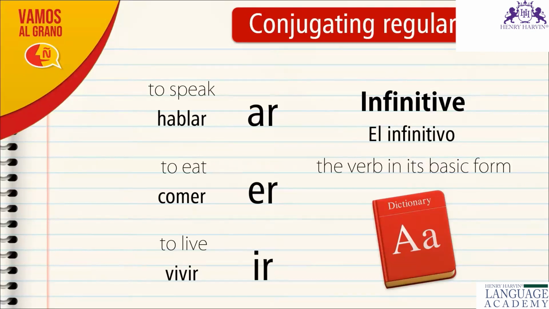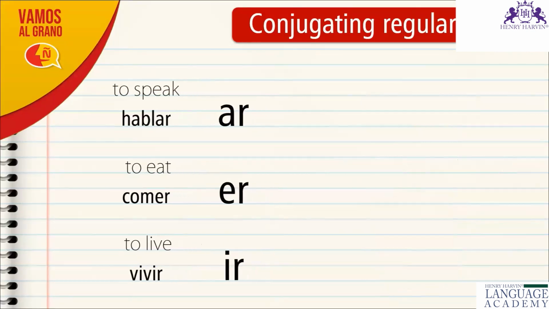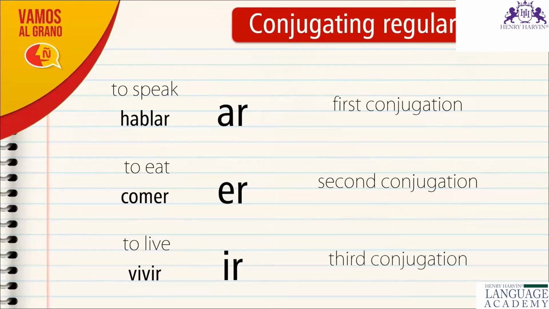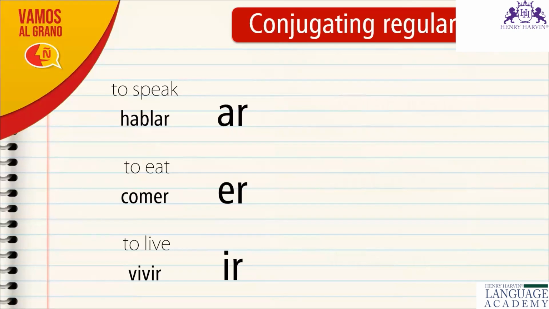Based on these endings, Spanish verbs are said to belong to the first conjugation if they end in ar, the second conjugation if they end in er, or the third conjugation if they end in ir. Okay, so this is the most basic thing that you need to know about Spanish verbs.